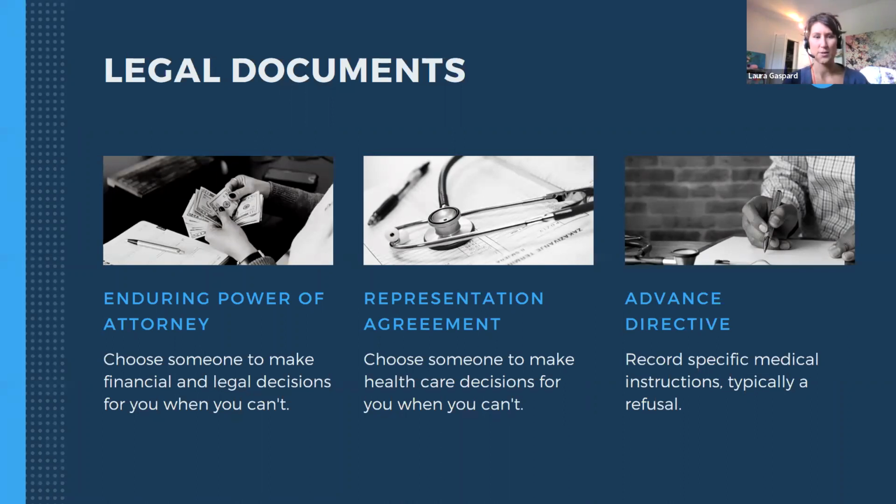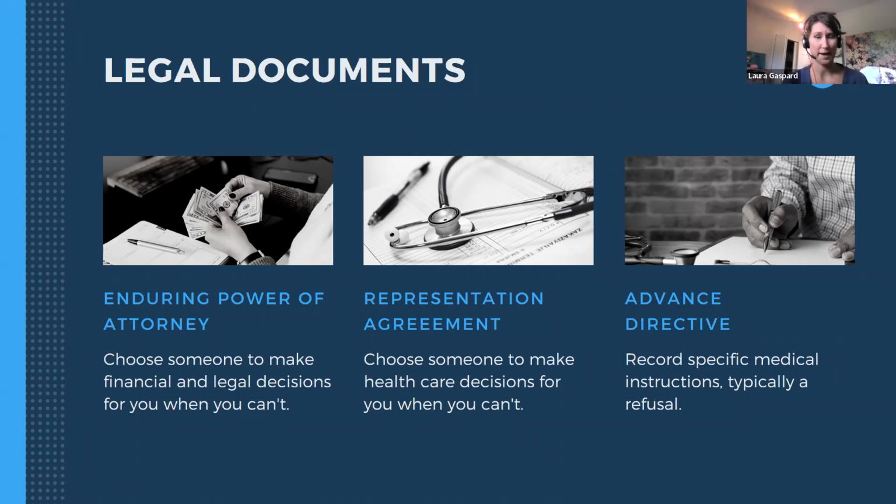And then the enduring power of attorney and representation agreement is what we call the full meal deal, the full package. You've got someone to deal with your finances, and someone to deal, just in case, with your healthcare decisions. For the enduring power of attorney, you do have to go to a lawyer because it's to do with finances. The representation agreement, you don't have to go to a lawyer for. You can if you wish.